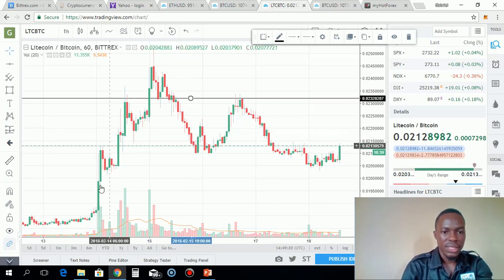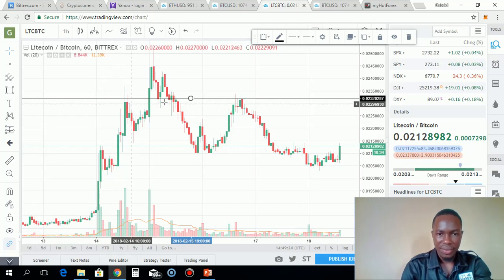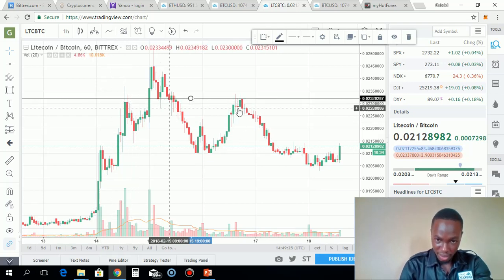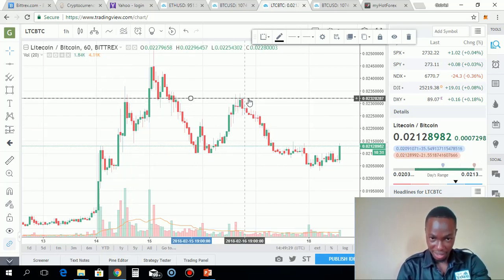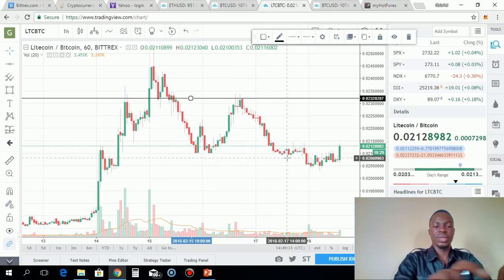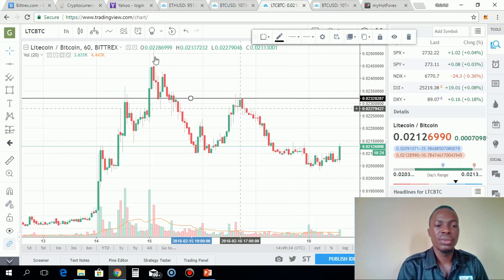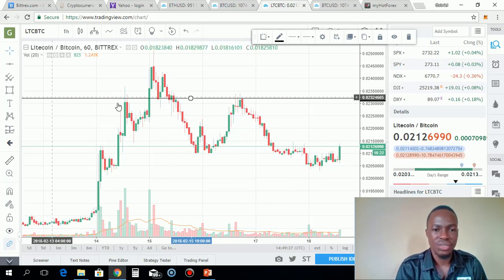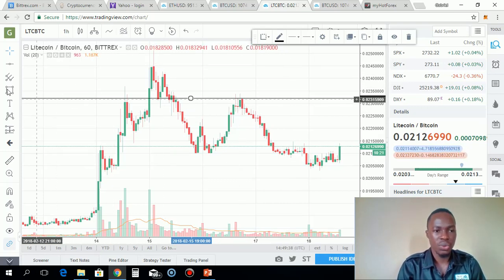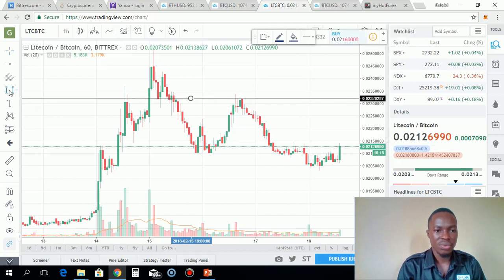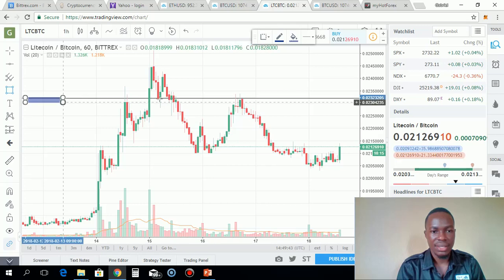So you've seen it has come once and bounced off around that area. It went down again. It came back and bounced off around that area and went down again. So that area now is known as an area of resistance. Notice it is not exactly a straight line. It's more like a zone. So if I use this rectangle to draw it, you see something like this.